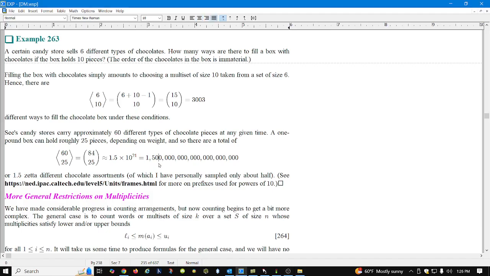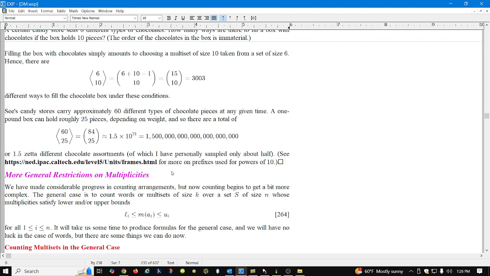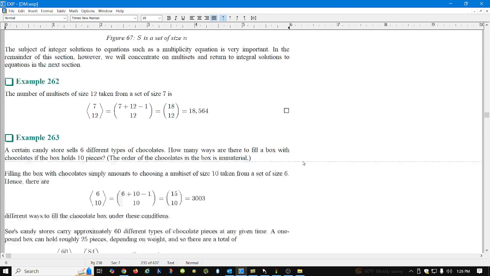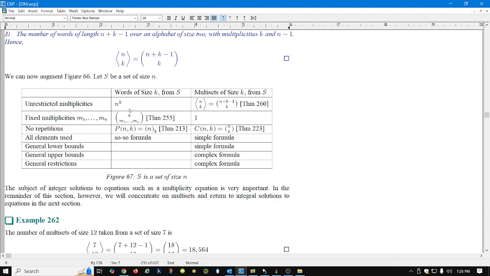Okay, now back to something really serious. No more chocolate. Well, they may come up again, but anyway. We've made considerable progress in counting arrangements of different types. And let me go back here to the table. We've done pretty well. Unrestricted multiplicities, fixed multiplicities, no multiplicity, no duplicates, multiplicity 0 or 1.